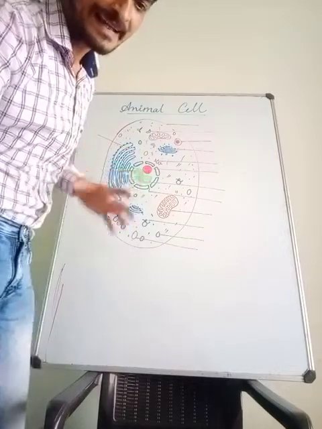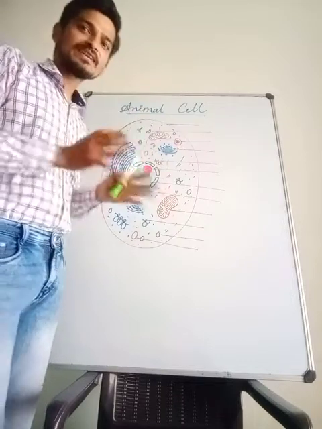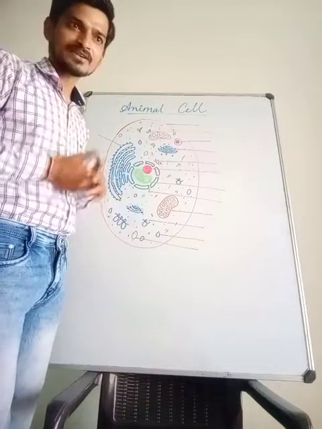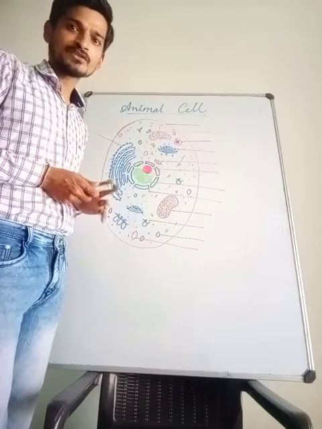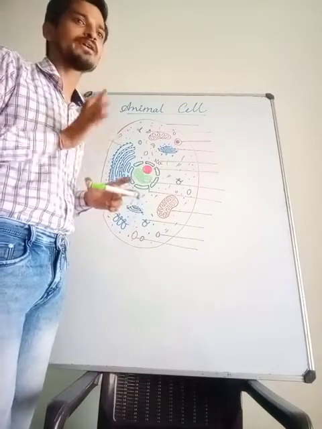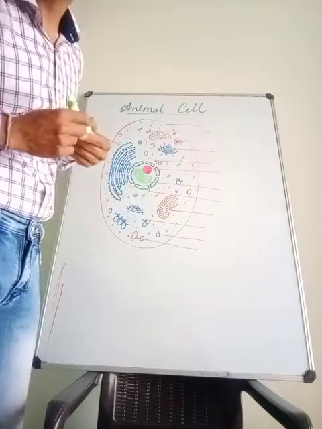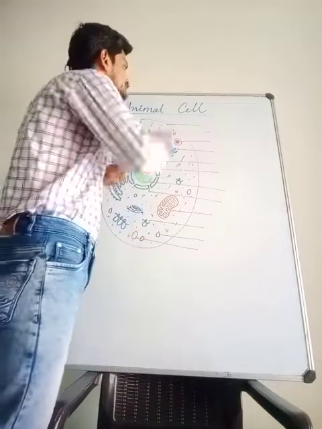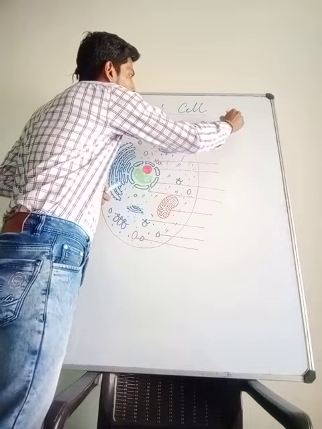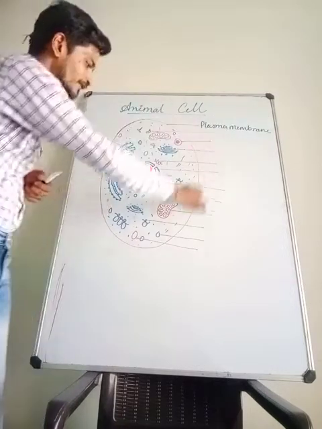Like anything we see around us, the cell is also bounded by a membrane, a structure that separates it from the surrounding environment. First of all, the first thing we are going to see in a cell is its cell membrane or the plasma membrane, the outermost covering of the cell.